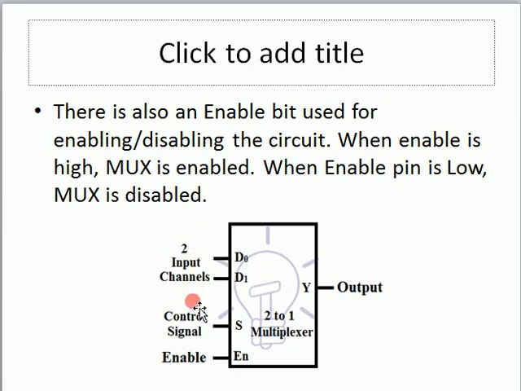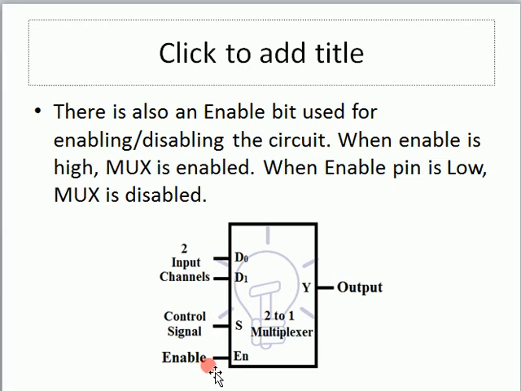Whatever the value you have at the input channels or the select lines, if the enable input is 0, then the whole circuit will be disabled. So when the enable input has the value 0, all these things are don't care; it doesn't matter for us if the control signal is high.